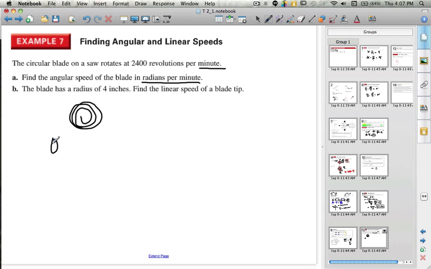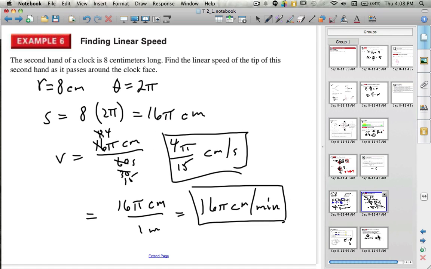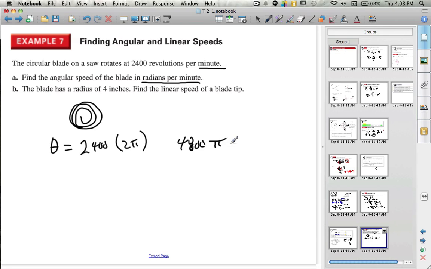So if I want to find the angle, theta would be equal to the number of times per minute it turns around times 2 pi, which is the measurement of the angle that goes all the way around. So this becomes 4,800 pi. So if our central angle is 4,800 pi, then I take my central angle divided by time, and that's 1 minute. Since I'm going to divide it by 1, it's 4,800 pi radians per minute.